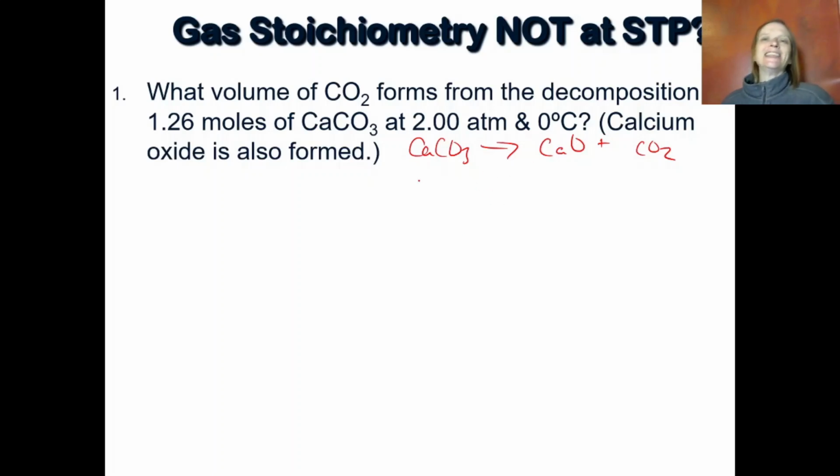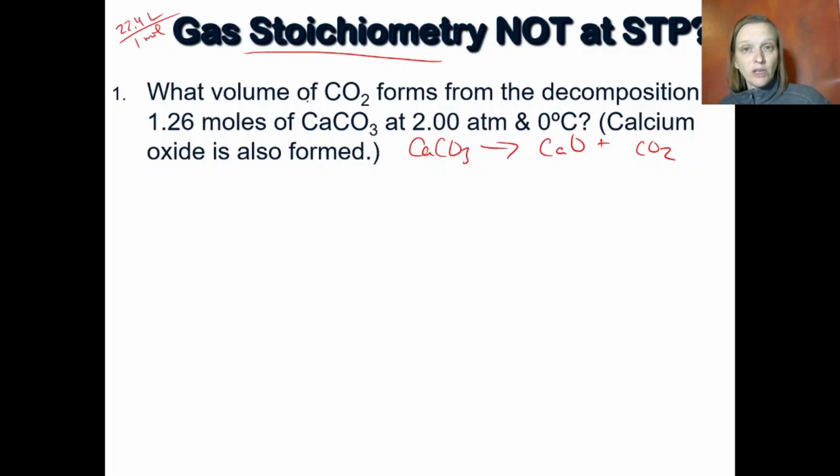The basic idea with doing gas stoichiometry that is not at standard temperature and pressure is that you do stoichiometry as much as possible, but instead of using that 22.4 liters is the same as 1 mole conversion, you stop the dimensional analysis stoichiometry part and you use the ideal gas law instead.